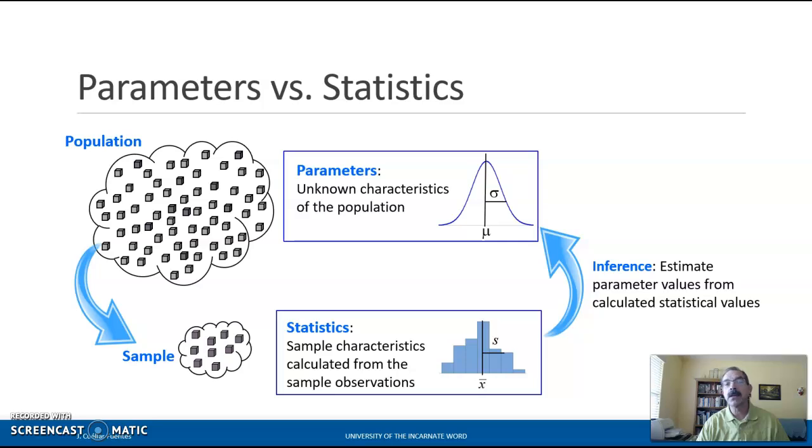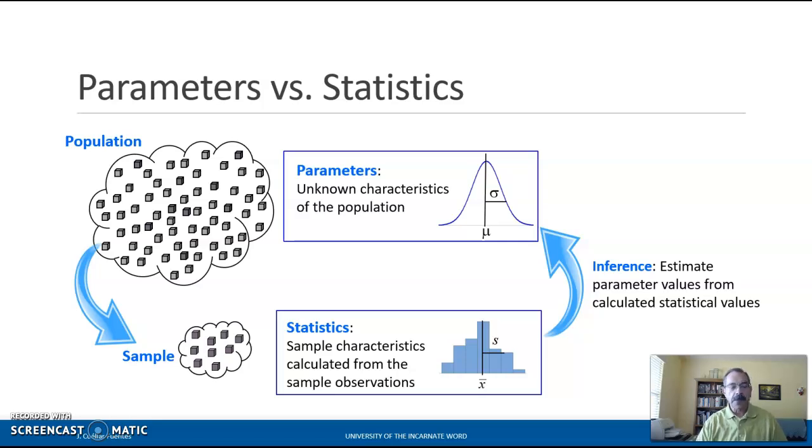And if you notice, I use mu and I use sigma, because these are population parameters. So you're going to see me throughout the course start referring to these quantities by their correct symbols. So please pay attention to the symbols, because they are very important in how we communicate from now on.